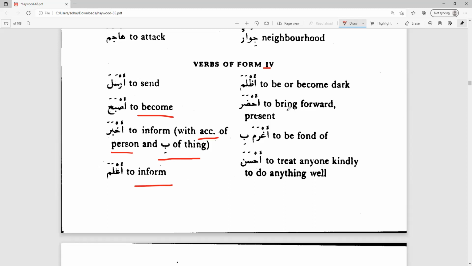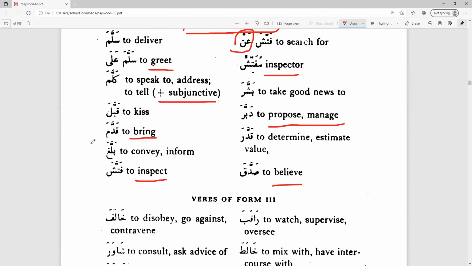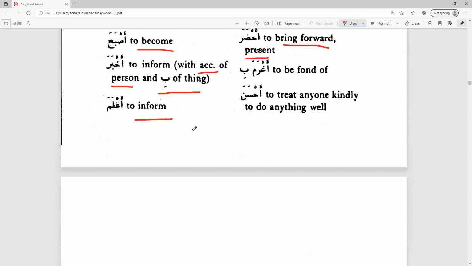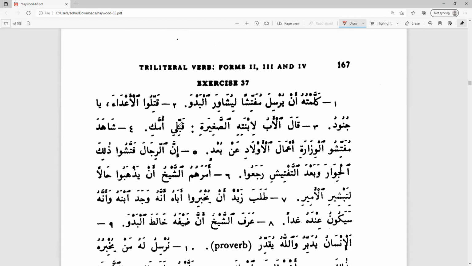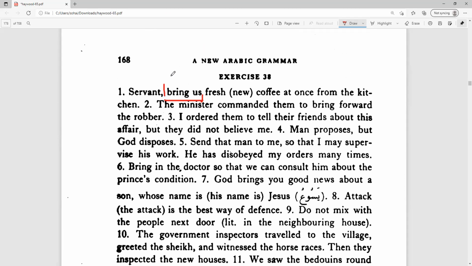Look, ahdara, to bring forward or present, or you also have qaddama yuqaddimu. So bring is qaddim. How do you say servant? Qaddimna.